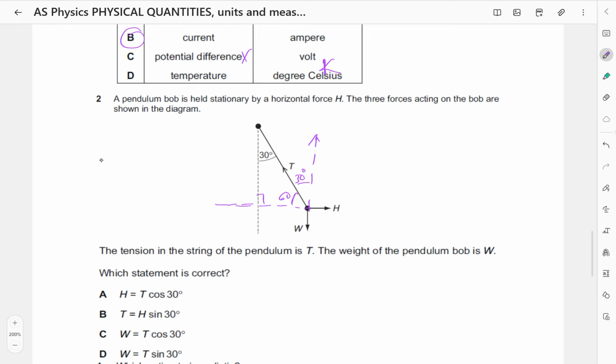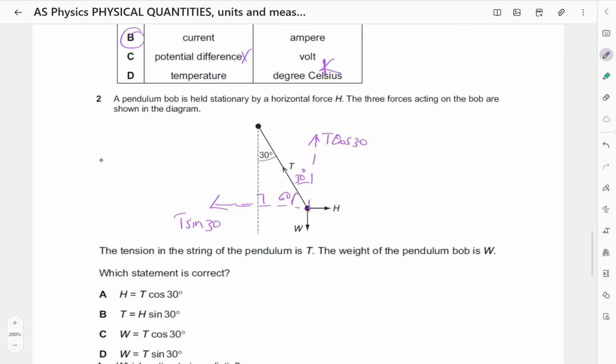When I resolve T in the vertical using 30 degrees, it will be T cos 30. If I resolve T in the horizontal using 30 degrees, it will be T sine 30 in the horizontal.